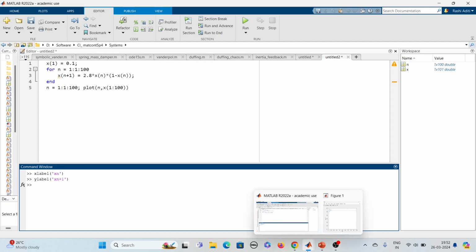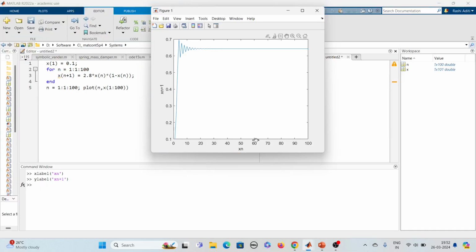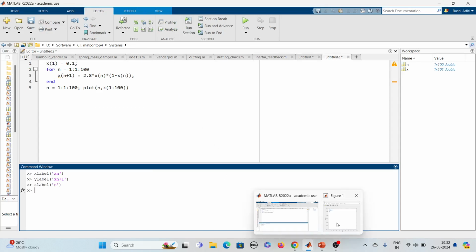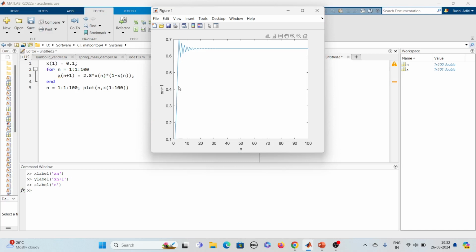For now, I am writing it like this. This is my n, not xn. So this is my n and this is my xn plus 1. Here you can see that for the initial state there is some transient behavior. The population is fluctuating.